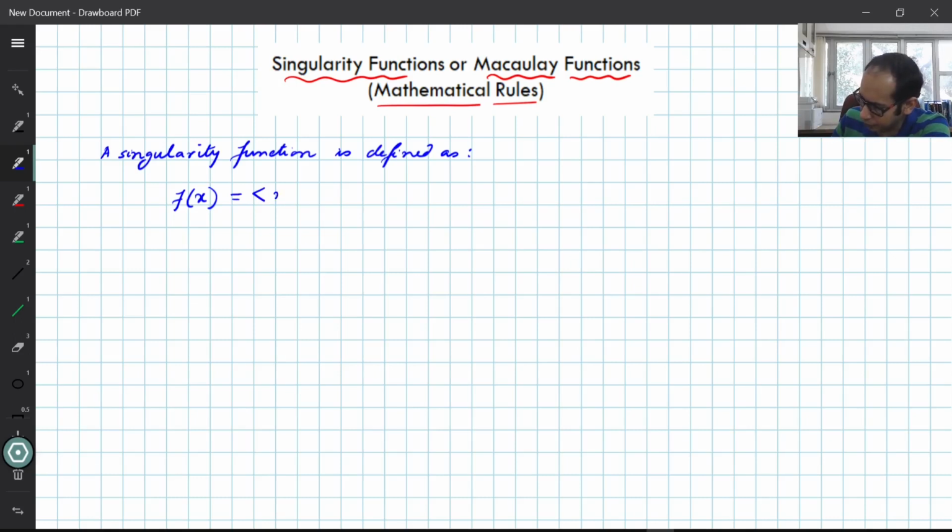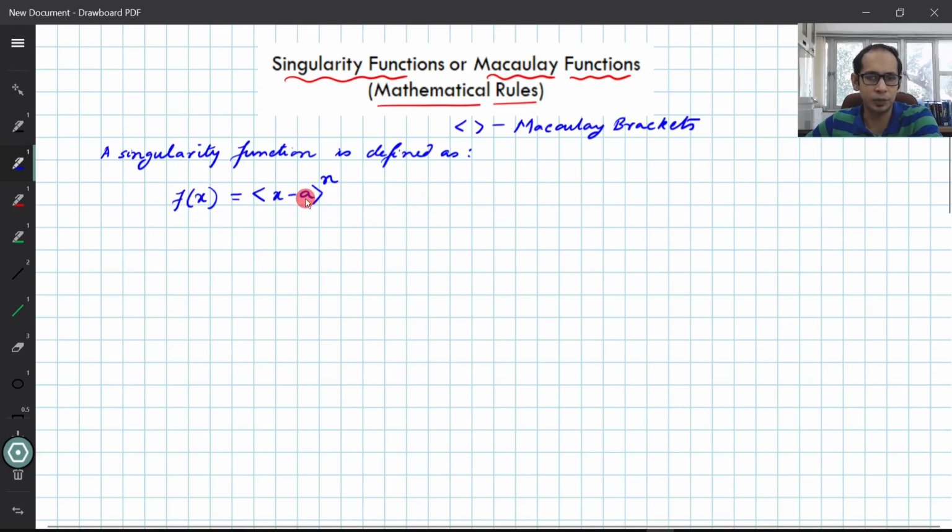These brackets are known as the Macaulay brackets. So if you have a singularity function defined by something like this, what does this expand to? Let's take a look at that.